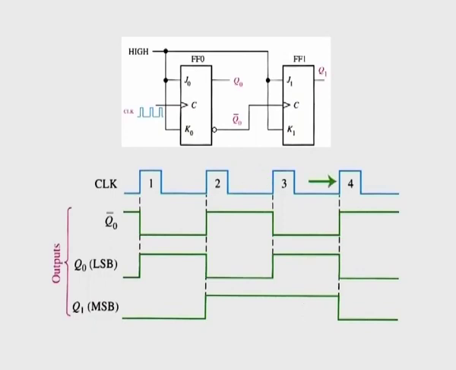The positive going edge of clock 4 causes Q0 to go low, while Q0 bar goes high and triggers flip-flop 1, causing Q1 to go low. After the leading edge of clock 4, Q0 is equal to 0 and Q1 is equal to 0. The counter has now recycled to its original state, that is, both flip-flops are reset.